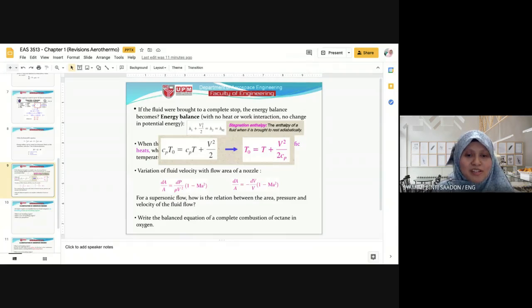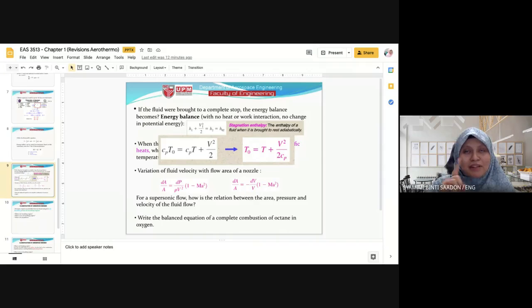So what is the balance equation of a complete combustion process of octane, C8H18?